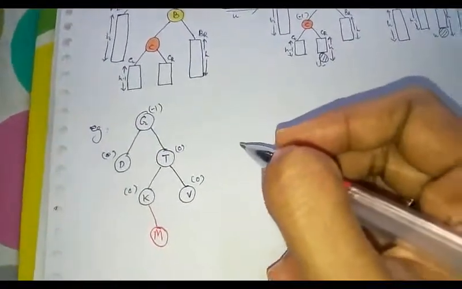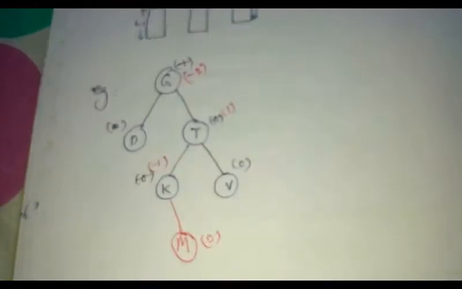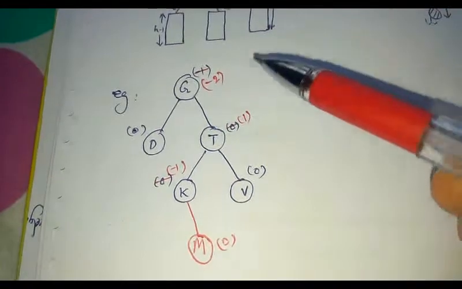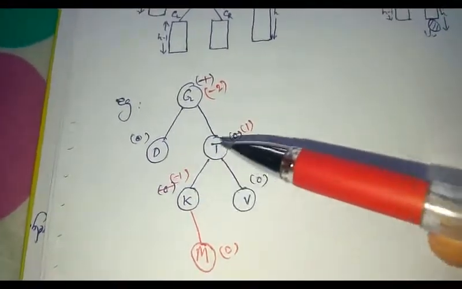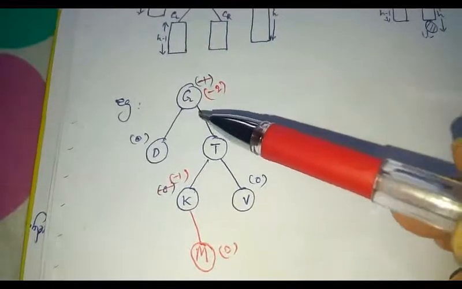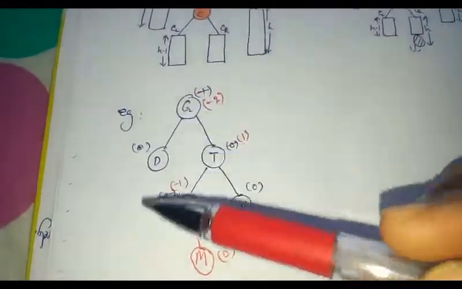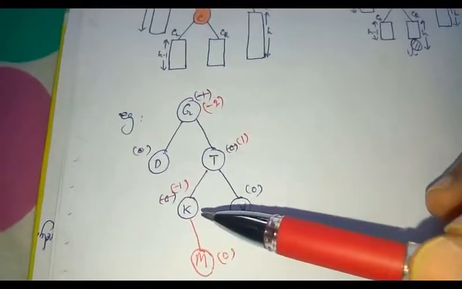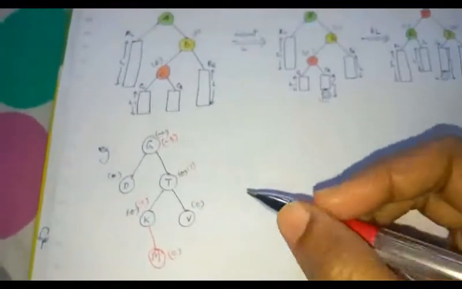Okay. Now let's see the balancing factors. The balancing factors of each node after the insertion of the node M is as such. Now you can see that we have one node with the balancing factor minus 2. That means now the AVL tree has become unbalanced. Now to make it balanced, we have to perform RL rotation.